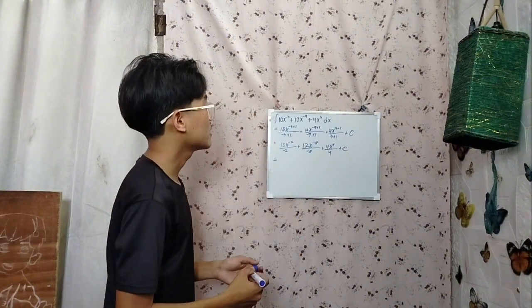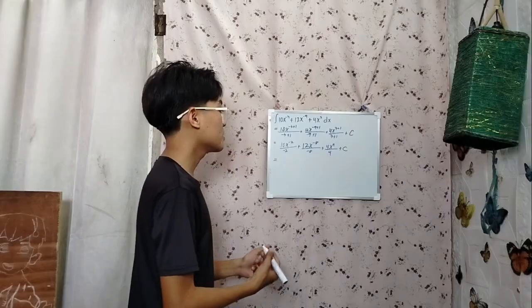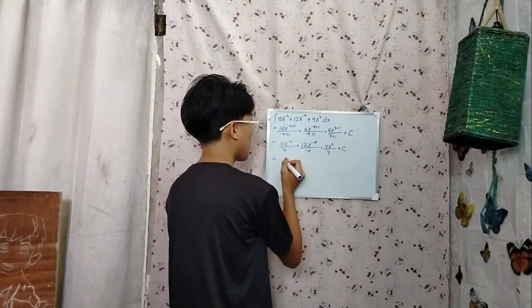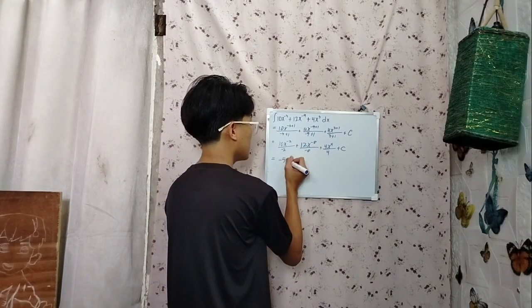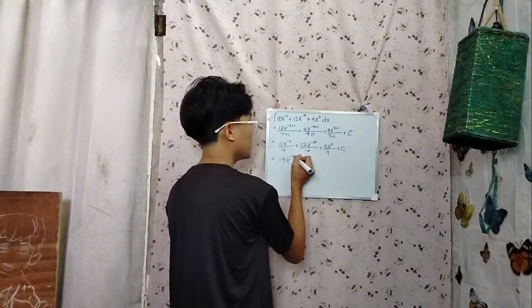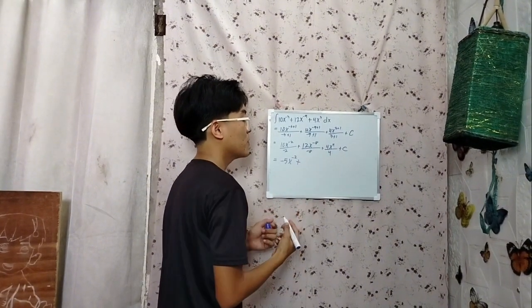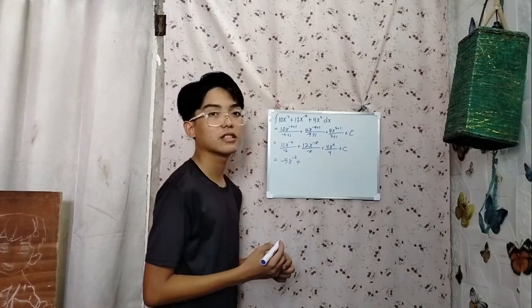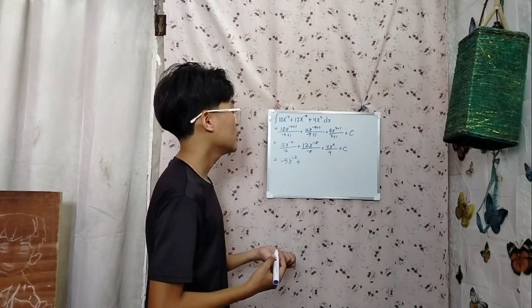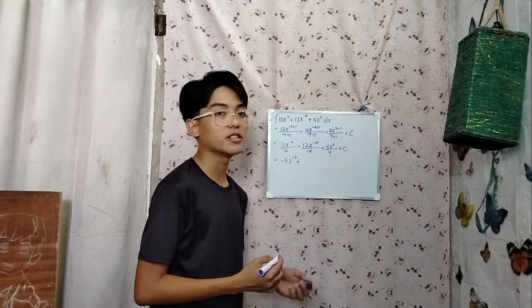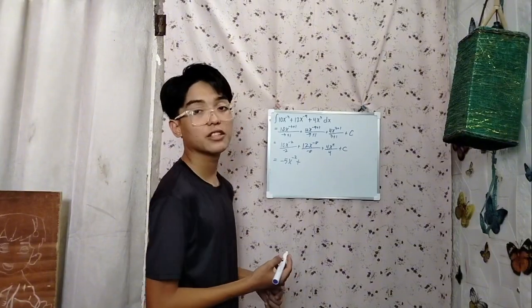So 10 divided by negative 2, so negative 5x raised to negative 2, plus 12 over negative 8 x raised to negative 8. So let's just divide it by the common factor, which is 4.